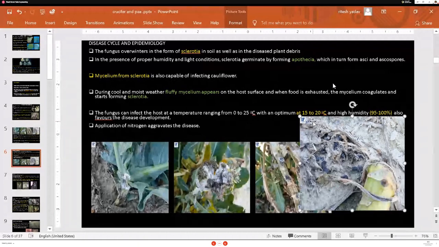But in our context, it is not reported in South Asian conditions. Generally the sclerotia remain dormant because it is subtropics, until the onset of December, after November 15, when temperature starts dropping very sharply.